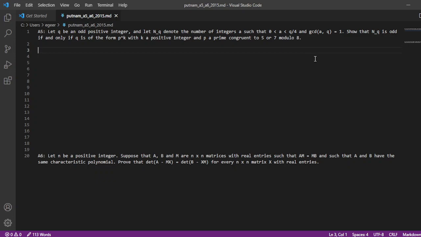So that gives me a bijection from the things that are strictly less than q over 2 to the things that are strictly more than q over 2. But q over 4 is more tricky, because that map doesn't work necessarily.